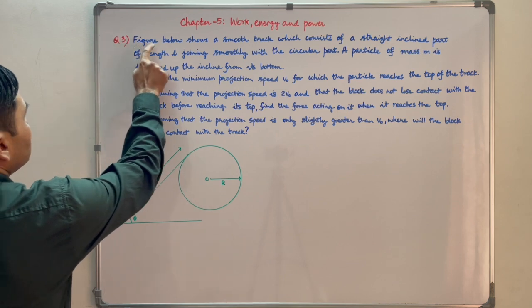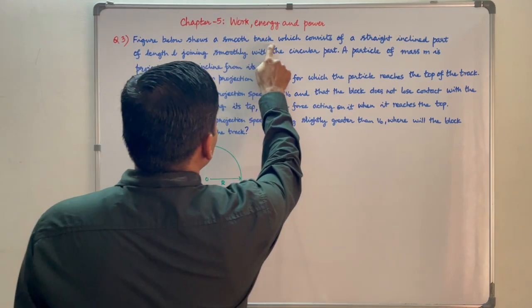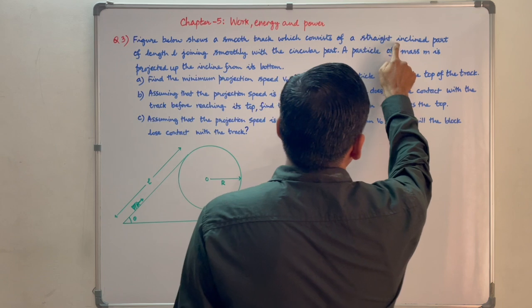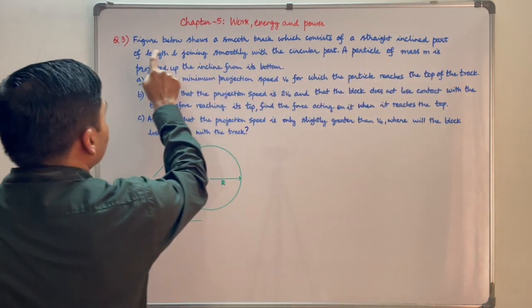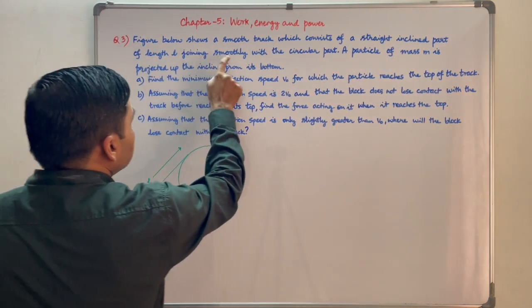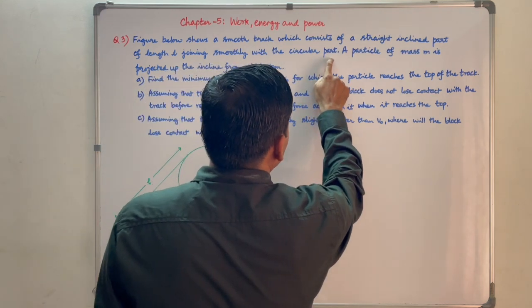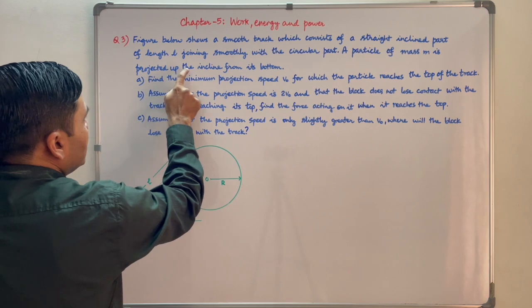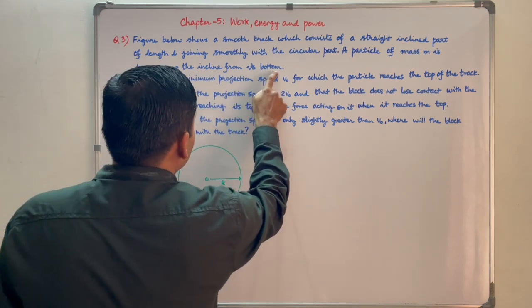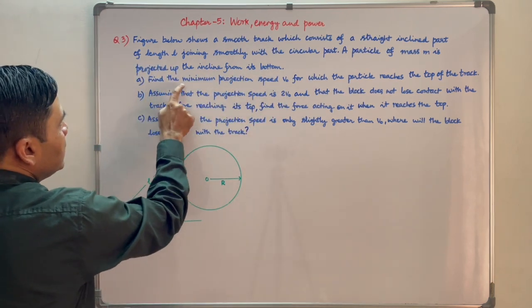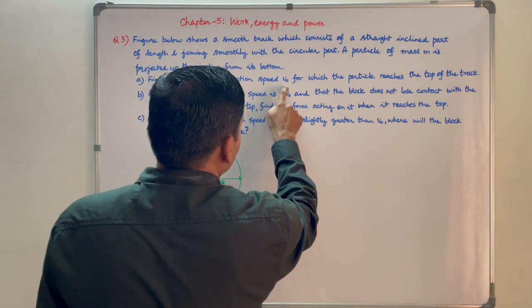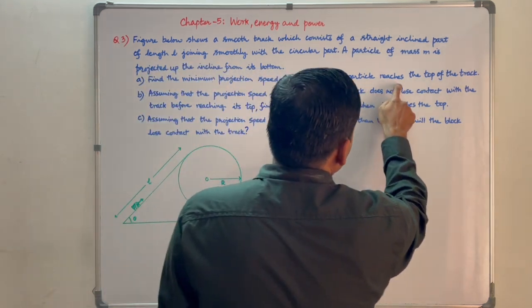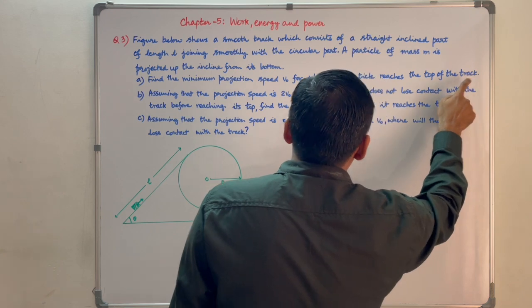Last question. Figure below shows a smooth track which consists of a straight inclined part of length L joining smoothly with the circular part. A particle of mass m is projected up the incline from its bottom. Part A. Find the minimum projection speed v0 for which the particle reaches the top of the track.